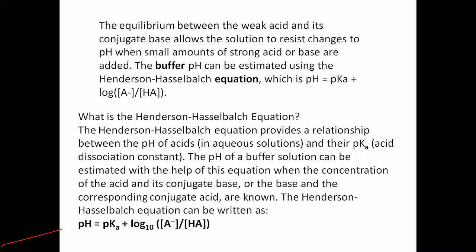So the buffer pH can be estimated using a very important equation, and that is known as the Henderson-Hasselbalch equation. Which equation is known as the Henderson-Hasselbalch equation? It is pH is equal to pKa plus log of the concentration of A minus ions divided by the concentration of HA.